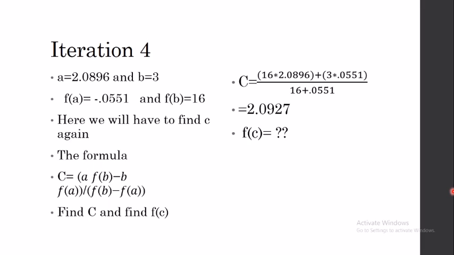So that ideology can be applied here also. Now I'm moving on to the next iteration. Somewhere I found out f of C, but I won't be revealing the answer right now, you will have to find it out for yourself.